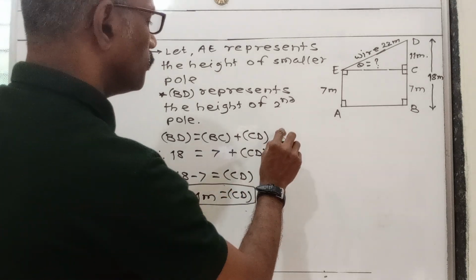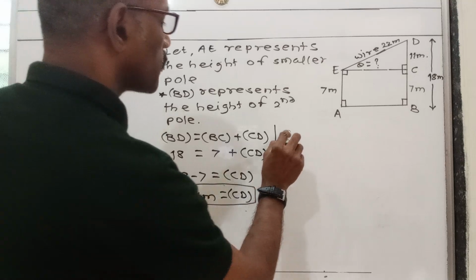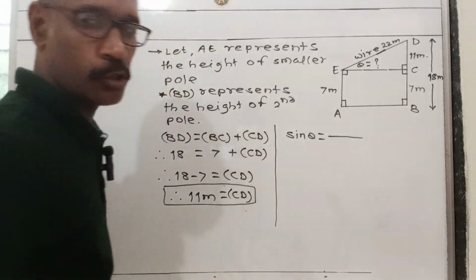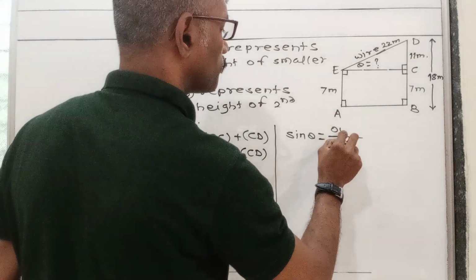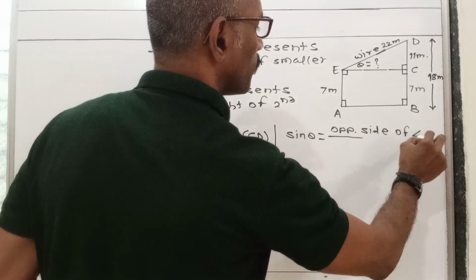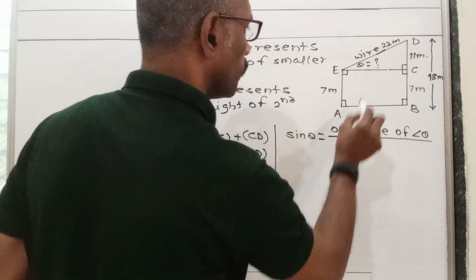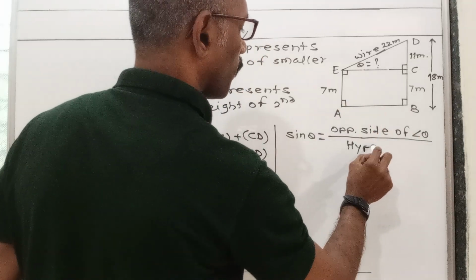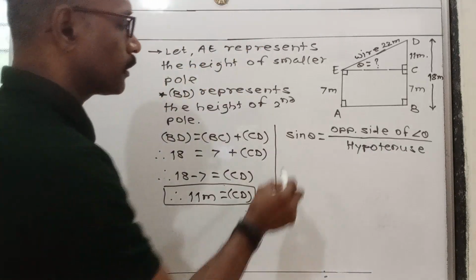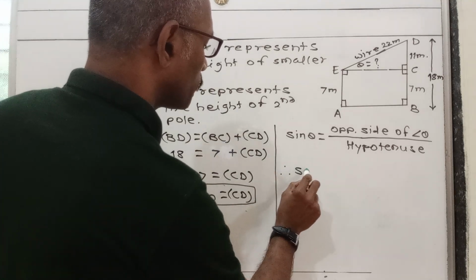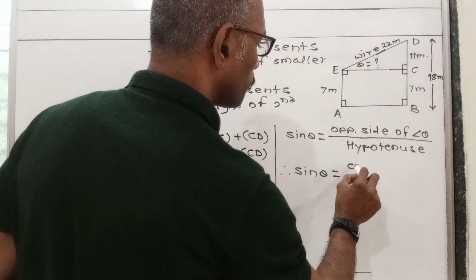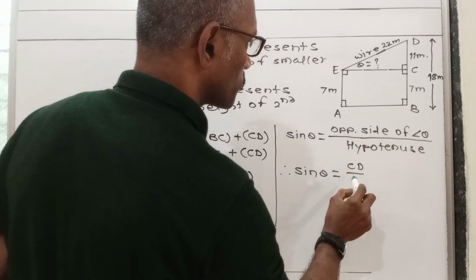Therefore, we use sine theta is equal to opposite side of angle theta upon hypotenuse. Did you get it? Now, therefore, sin theta is equal to CD upon hypotenuse, means DE.